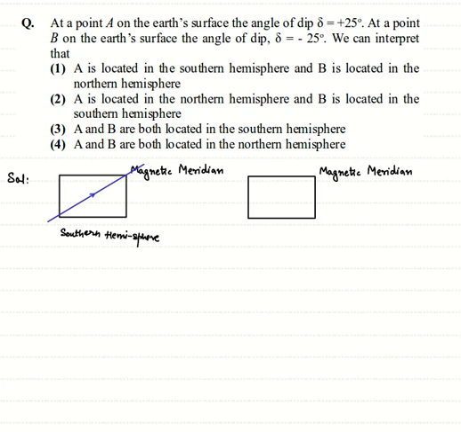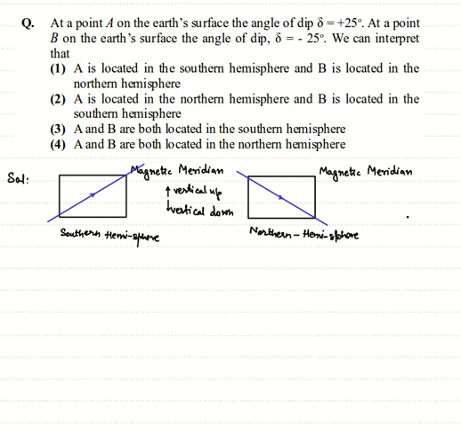While if we are in the northern hemisphere, on the other hand, the magnetic field lines would more or less look something like this, going down like this. And let's say that this is the vertically upward direction from the Earth's surface. This is vertical up, and this one here is vertical down.